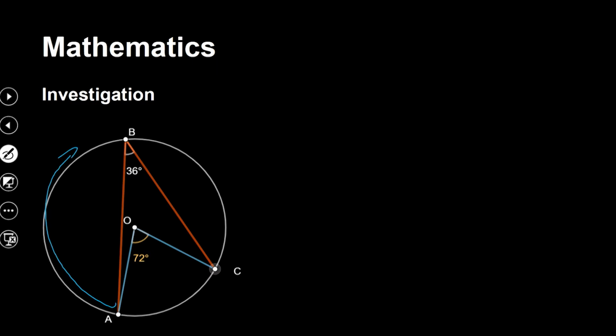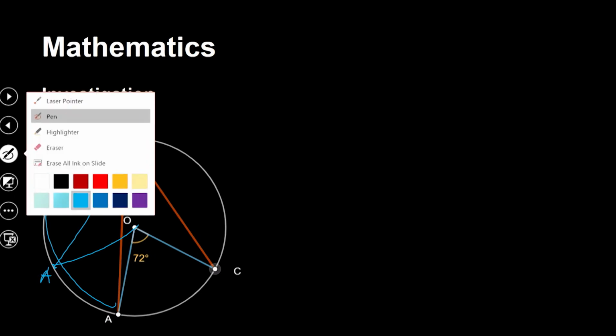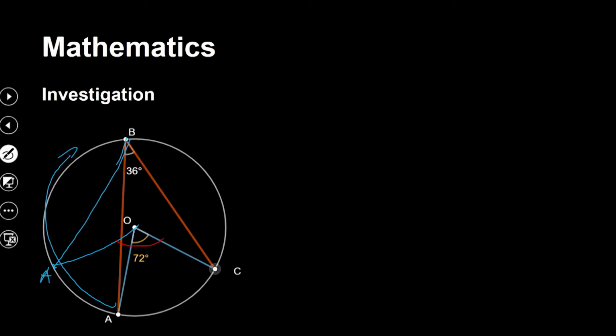So if I then put it to be here, my point A, and I have that angle there, and I have this angle there, what will be the relationship of this angle here with that angle? Will it still have this same relationship that we are seeing right now, where one is half of the other? That's what you need to try and figure out with that.